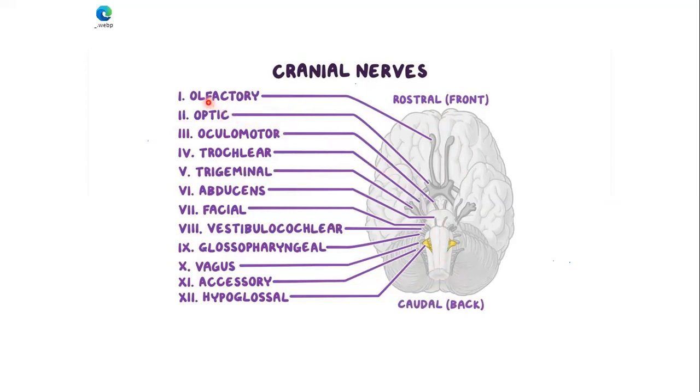As you can see, there is the olfactory, the optic, the oculomotor, the trochlear, the trigeminal and the abducens here. The facial nerve is number 7, then number 8 is the vestibulocochlear. Then the glossopharyngeal, the vagus and the accessory, then the hypoglossal.